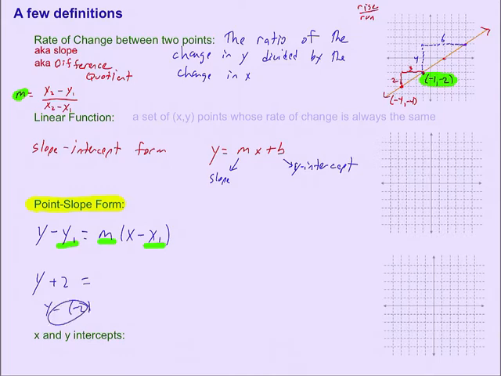Those double negatives cancel out. That's why I write y plus 2 equals m times x minus x1, which was this -1 from up here. So again, the double negative will make that x plus 1, and that's the equation of a line in point-slope form. Notice how I did not get the y by itself, and that's totally fine. You don't have to.